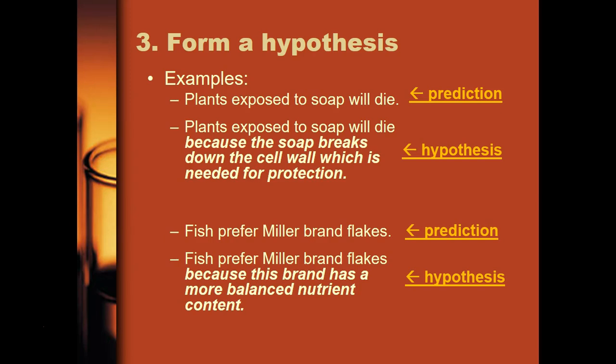So a really good hypothesis, and I want to see this pattern when you're writing these in test questions, reading guide questions on your labs themselves: if, then, because, right?